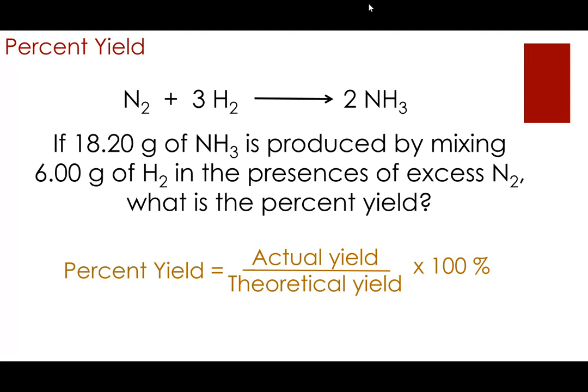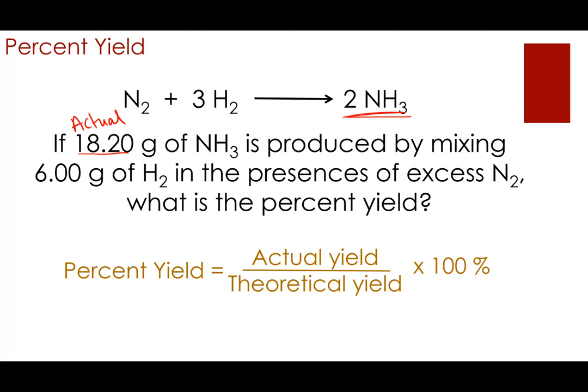Ammonia, NH3, is our product. So that must be the actual yield. So when they went into a lab and they actually did this process, they got 18.2 grams from that process. That was their product.